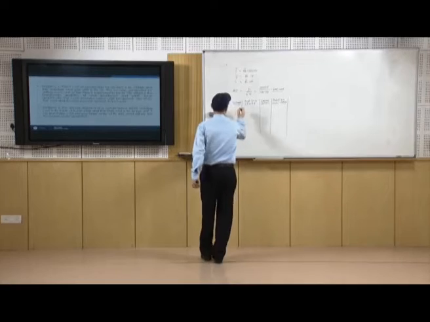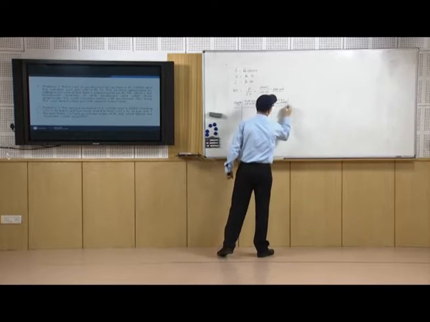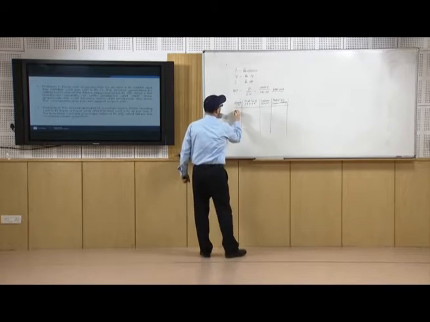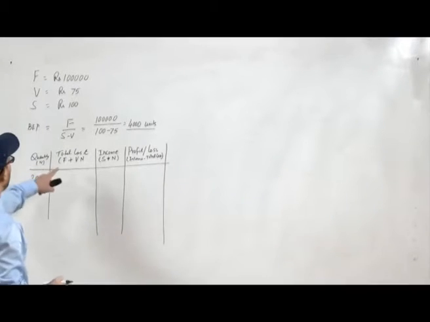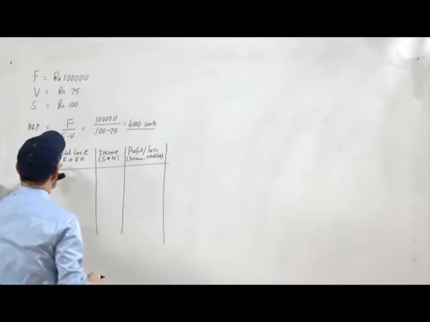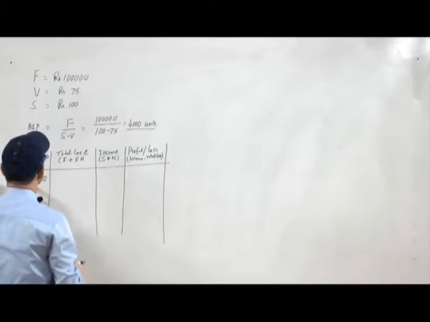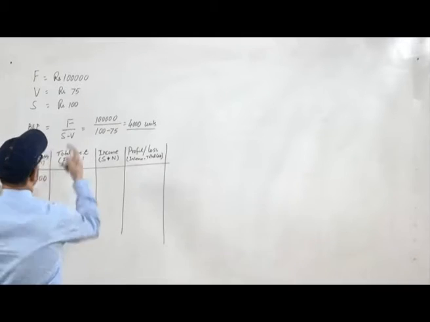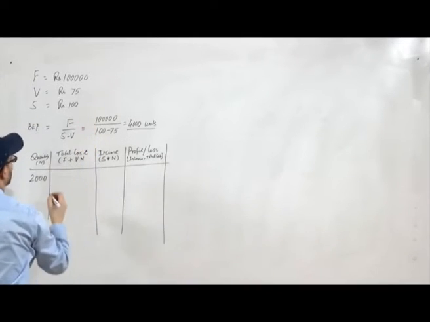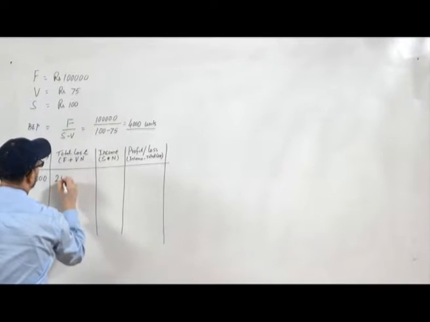So, if we start from 2000 units, F plus VN, so F is 1 lakh plus 2000 into variable cost 75. So, 1 lakh plus 1 lakh 50,000, it will be 2 lakh 50,000.